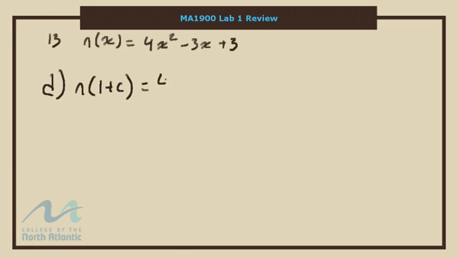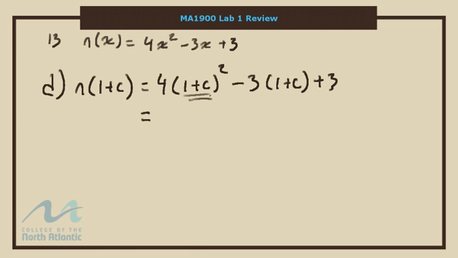Well, same way. 4 outside of (1 plus c) squared minus 3 times (1 plus c) plus 3. So, first thing we're going to have to do is work out what (1 plus c) squared is, and then multiply 4 by it. So I'm actually going to work this part out first.